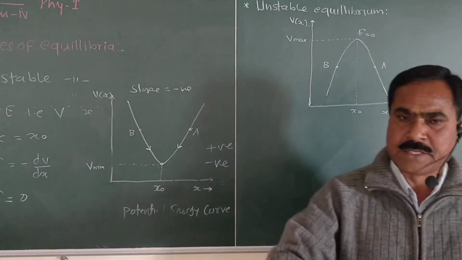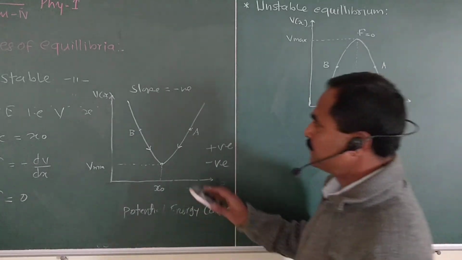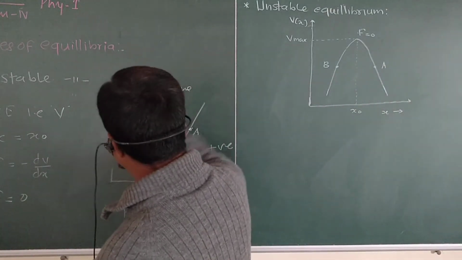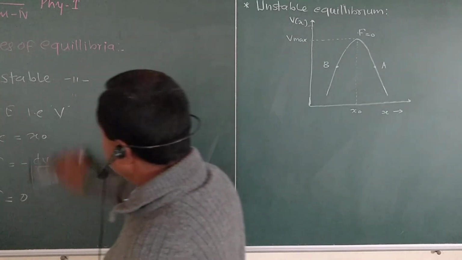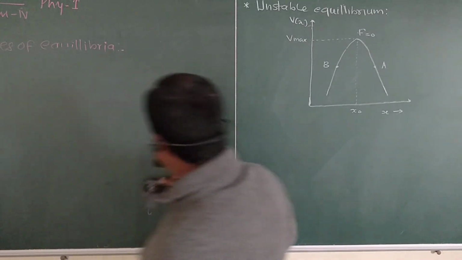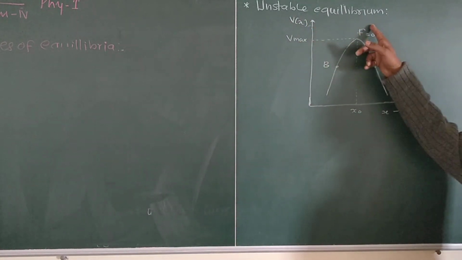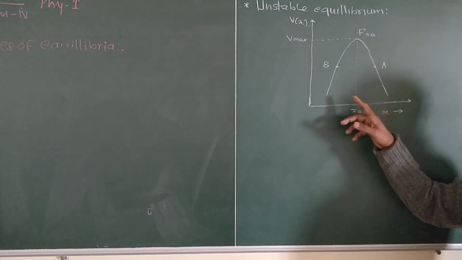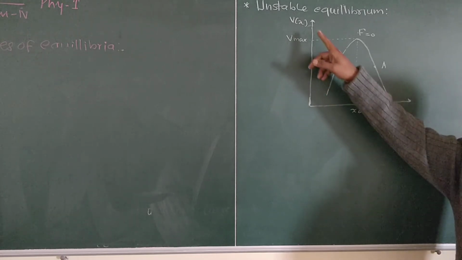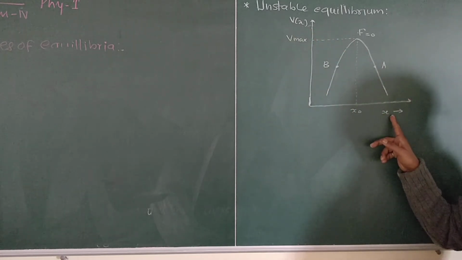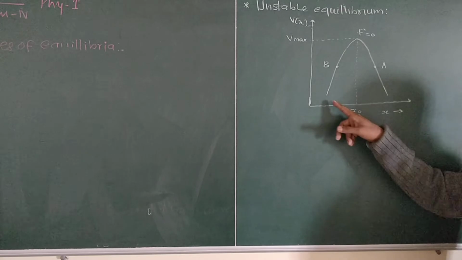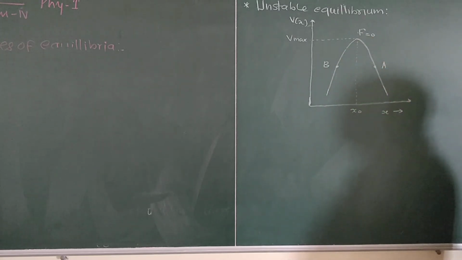Then next we consider unstable equilibrium. Again we plot the graph of potential energy versus position, and the nature of the curve is like this.